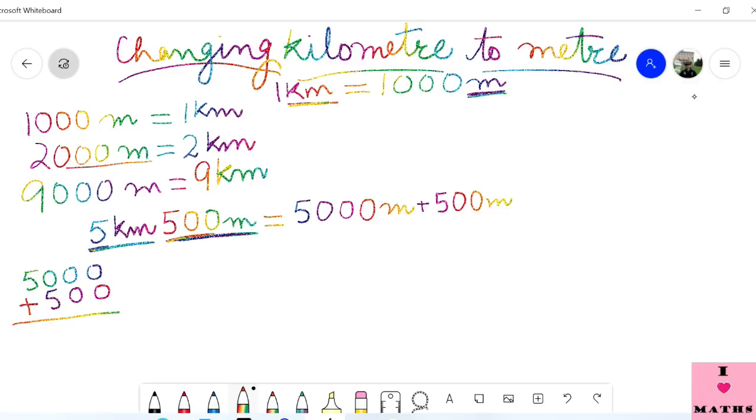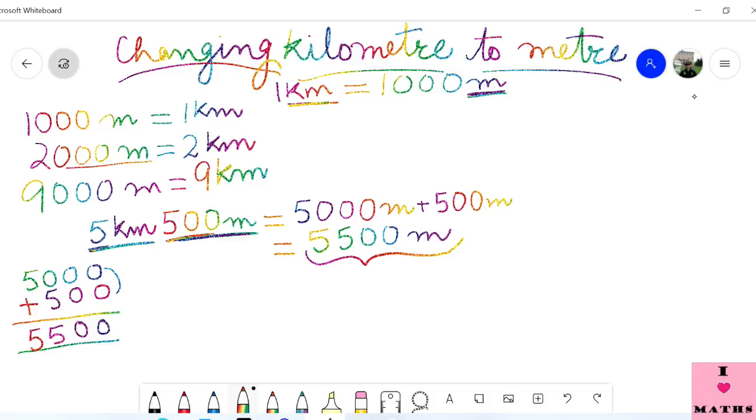This is how we make the sum, children. Now 0 plus 0 is 0, 0 plus 0 is 0, 0 plus 5 is 5 and 5. So the answer is 5,500 meter. So my house is 5,500 meter away from the school.